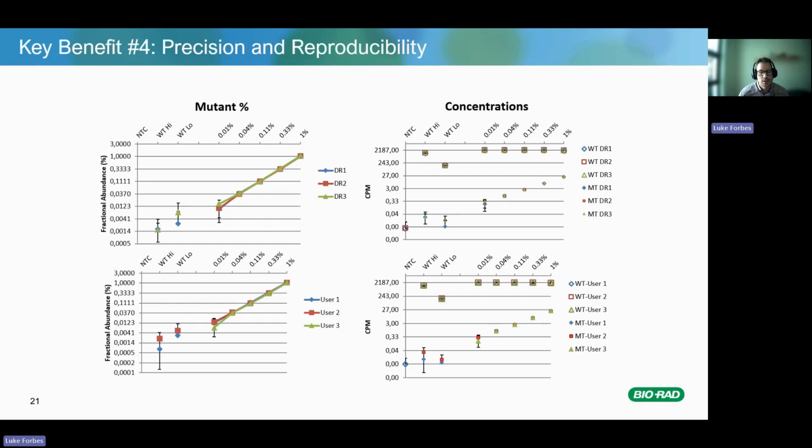In this case, it was 3 different users, 3 different instruments at 3 different locations, and you can see that they produced almost near identical results across the whole range from 1% to 0.01% detection limit. And this is a really good benefit of ddPCR when compared to qPCR: the reproducibility between instruments and between different users across different locations as well.